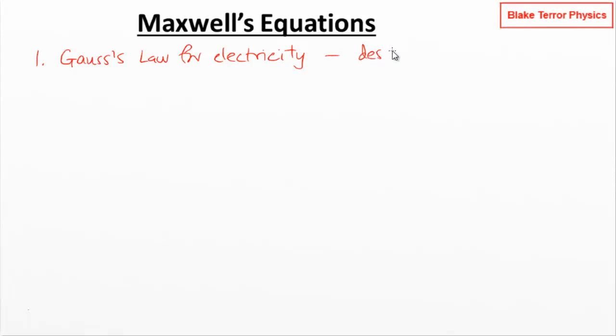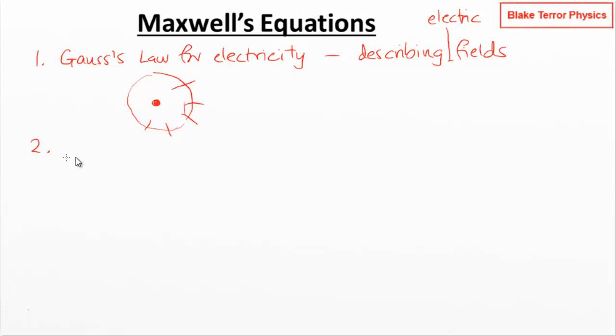So it's saying if you've got some kind of charge, whatever it may be, and you've got some region, some surface around this charge, then Gauss's law will be able to tell you how this electric field is behaving, what it's like, what its characteristics are. It just gives a description of the electric field around this particular charge. So that's what we're doing with Gauss's law for electricity, electric fields.